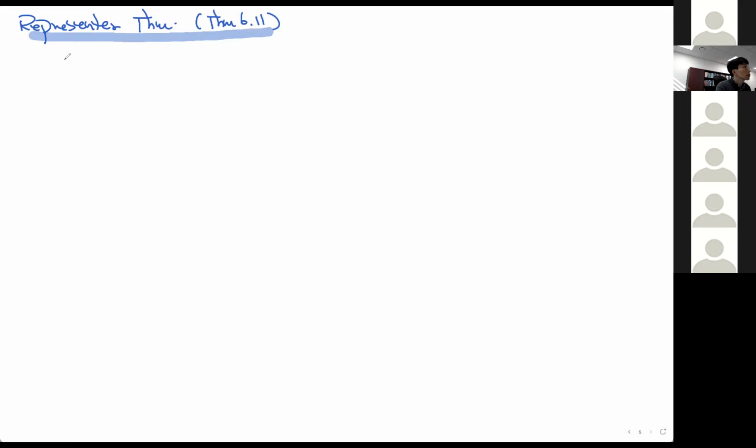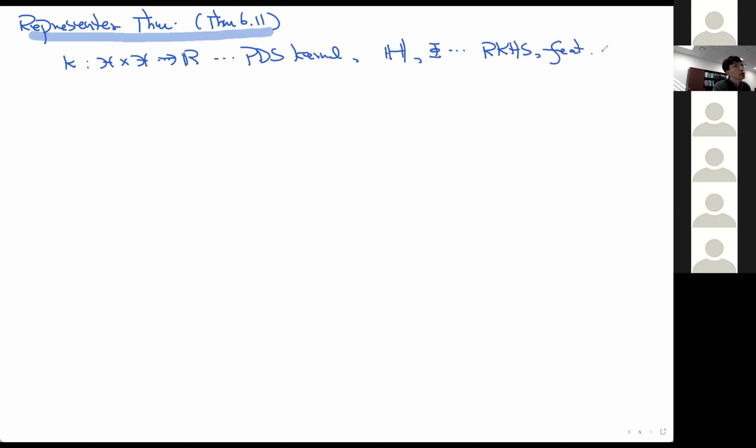So the setup is, we have a PDS kernel K, and we also have a reproducing kernel Hilbert space, and the feature map of K. And then we are assuming some optimization problem.